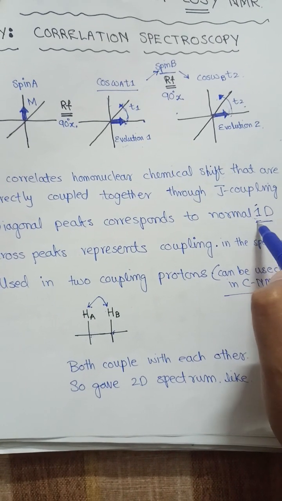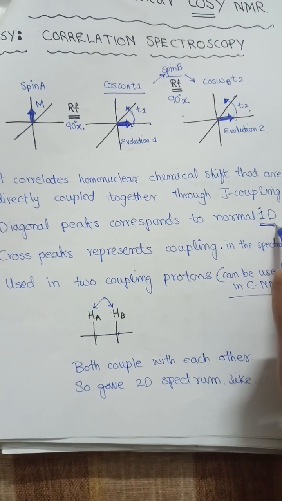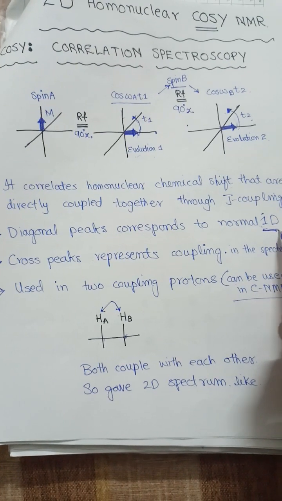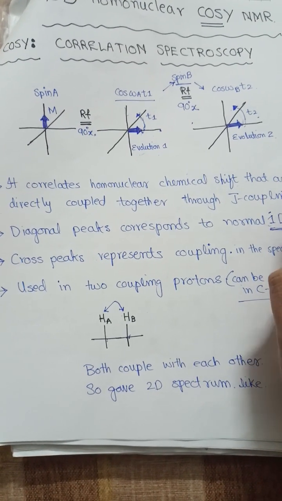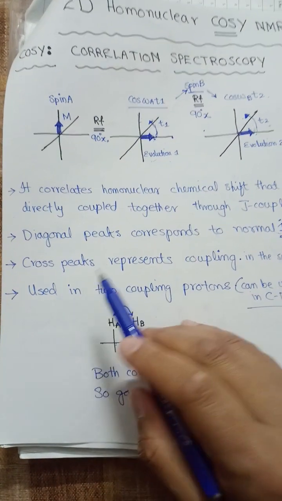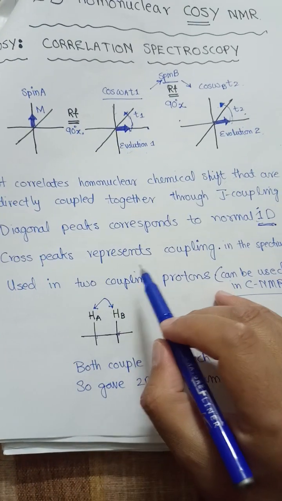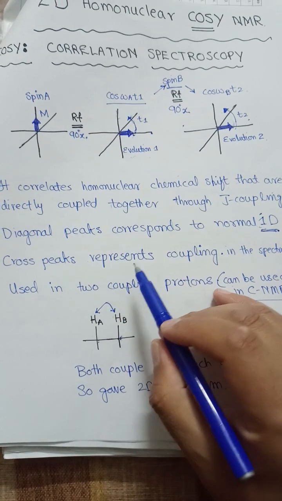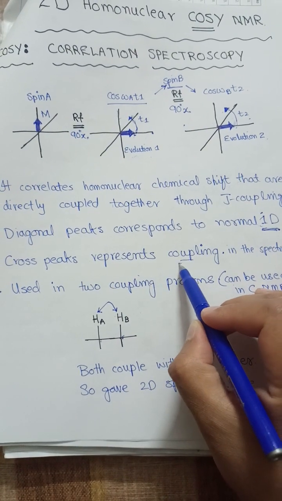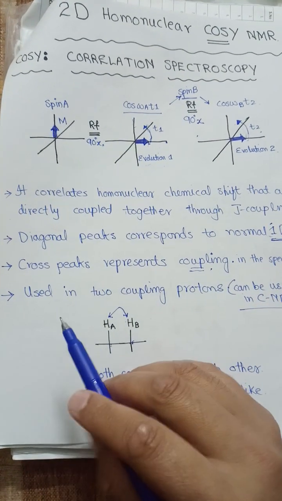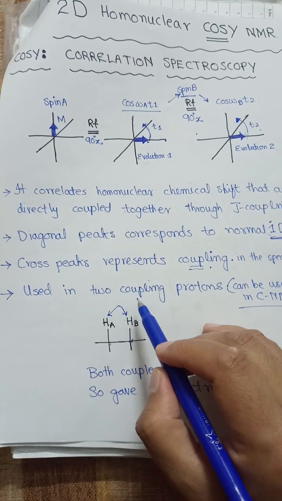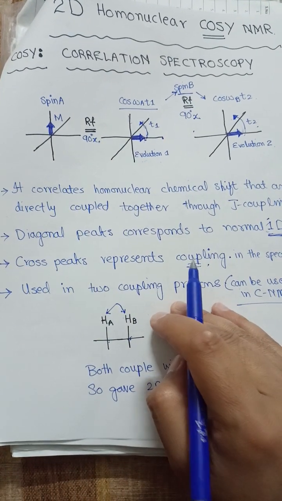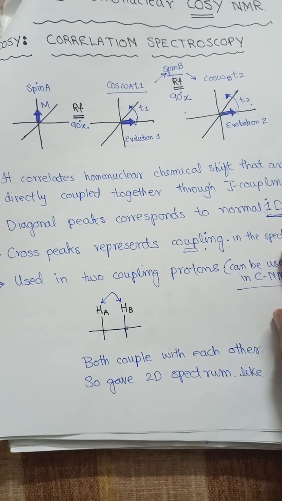We are going to show you what the diagonal peaks and cross peaks are. Diagonal peaks represent the normal 1D NMR, whereas cross peaks represent coupling in the spectrum. Cross peaks will provide us the coupling of the protons with each other, so it is used for coupled protons or coupled carbon atoms.